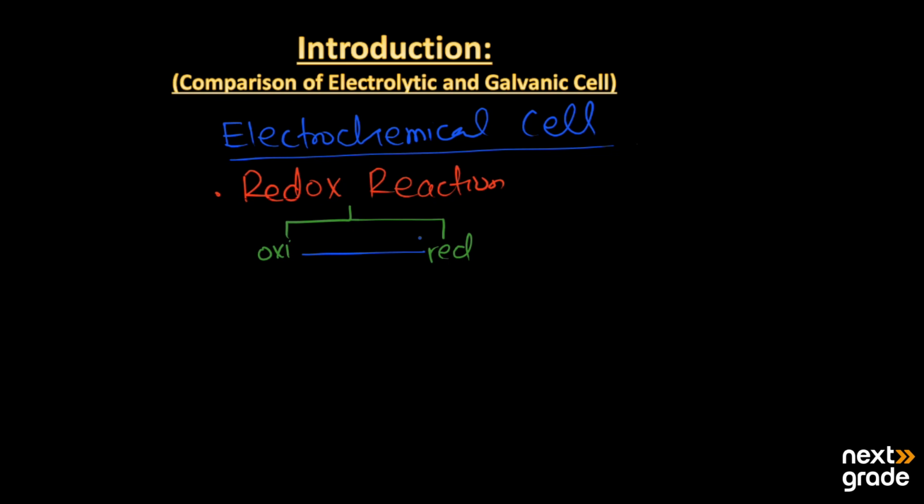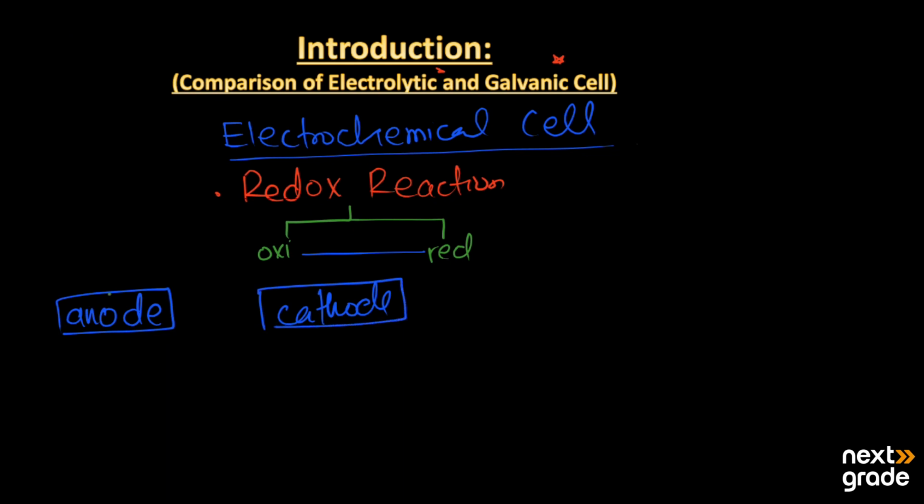And when we talk about the different electrochemical cells, first is electrolytic and the second is galvanic cell. The one thing that is similar in both is that they consist of two electrodes, the anode and the cathode. In both electrolytic and galvanic cells, the process of oxidation will take place at the anode and the process of reduction will take place at the cathode.